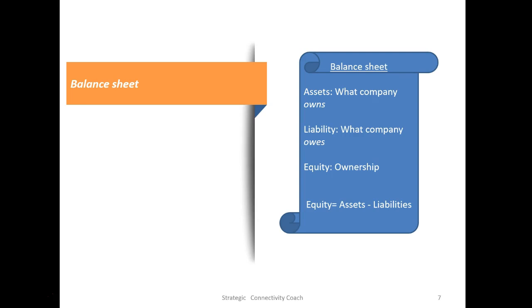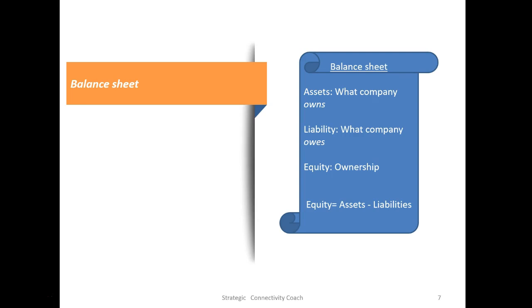A balance sheet has three components. You have assets, which is what the company owns. You have liabilities, what the company owes, which means this is where the business has gone and borrowed money, so they can put it in the business to buy assets. And any investment made by the shareholders, the owners, is called the equity.